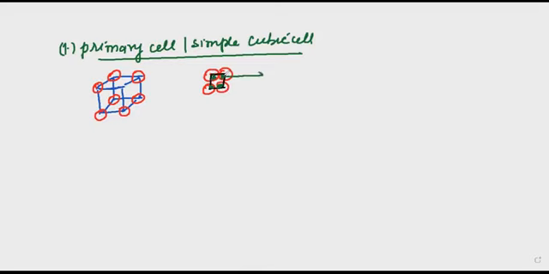This greenish part is 1 by 8th part. It means the whole atom does not form the crystal. Only 1 by 8th part forms the crystal. And you must remember that this is the edge length, the distance between two atoms is d, and that one is actually a. Clear? And the radius of each atom is r.